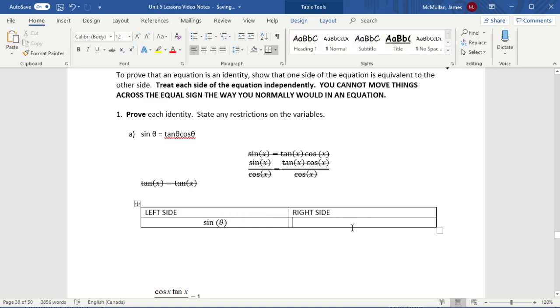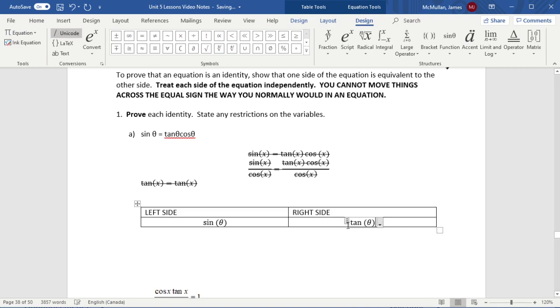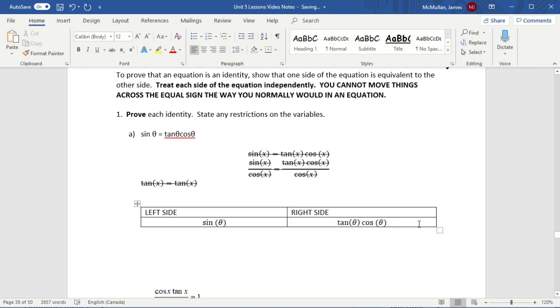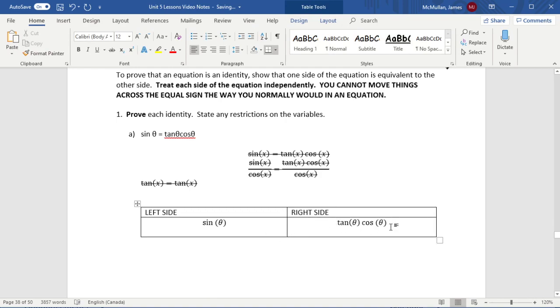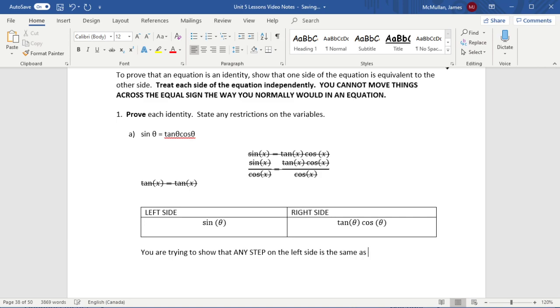On the right, write down what's on the right side of the equation. Okay? Now, you are only allowed to work with what is on your side. You cannot shift from side to side, and you are trying to show any step on the left side is the same as any step on the right side.